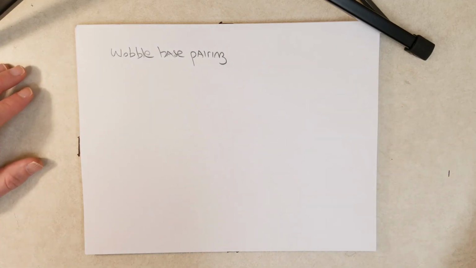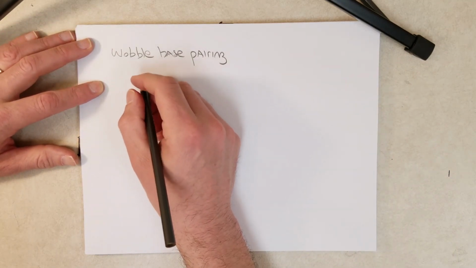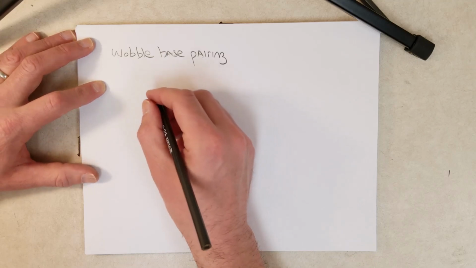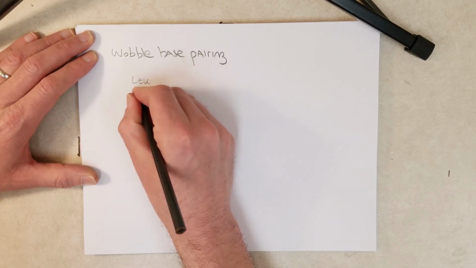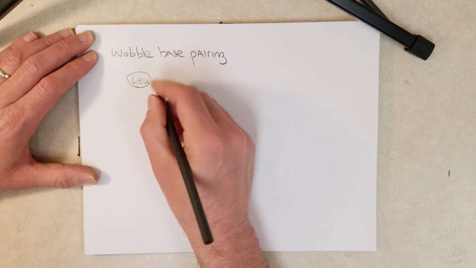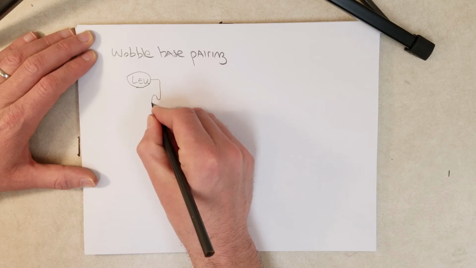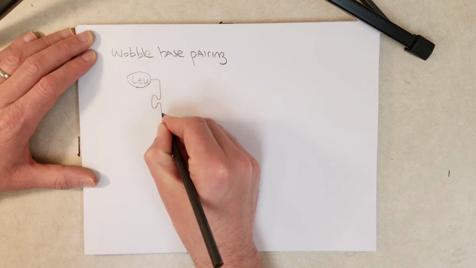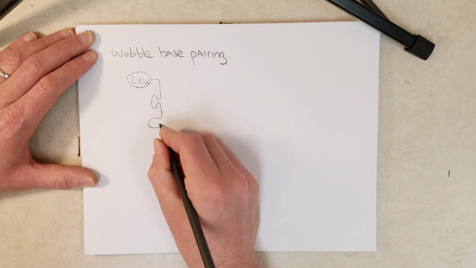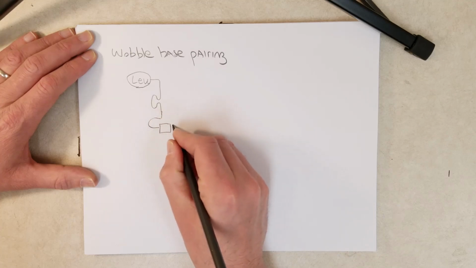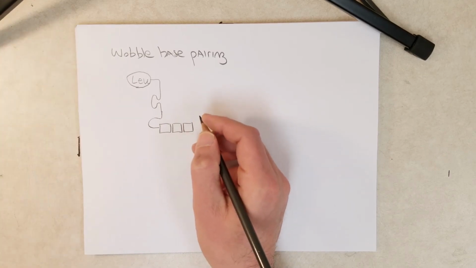I don't know why. So let me diagram. Let's pick a leucine, a tRNA with leucine as the cognate amino acid. Okay, there's our anticodon.